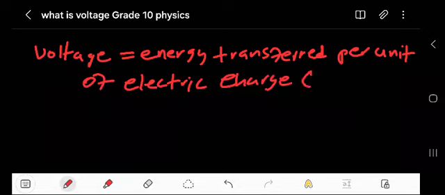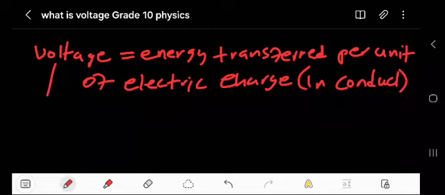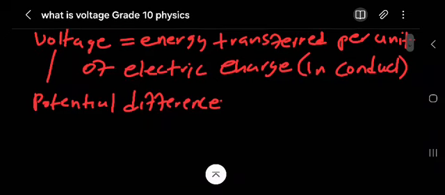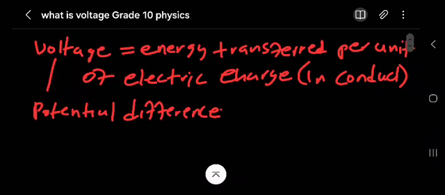Maybe you can say, in a conductor there is no problem, and be specific. So as you can see, this is the same. It's also known as potential, also known as a potential difference. As you can see, voltage is the energy transferred per unit of charge.